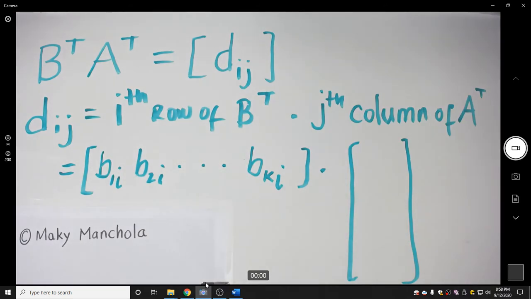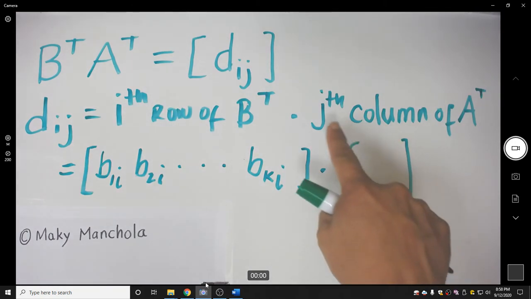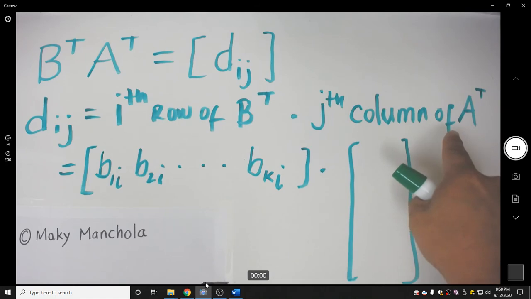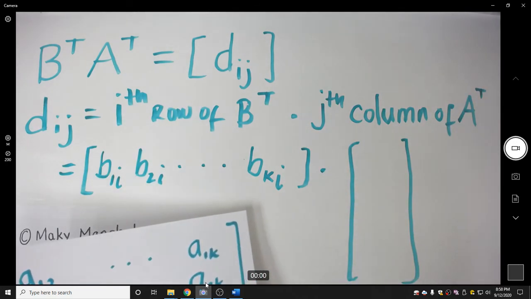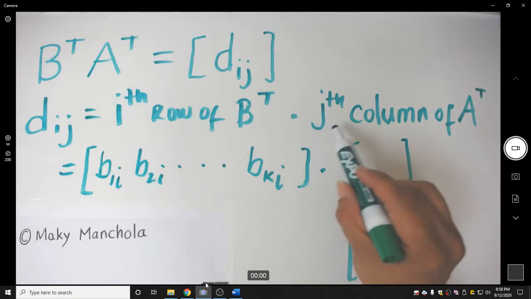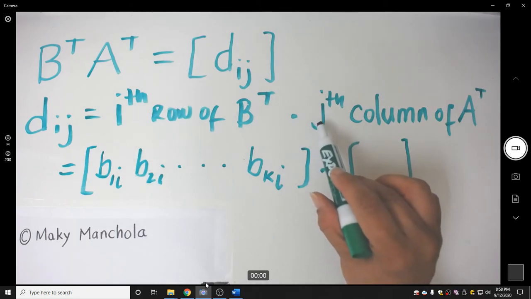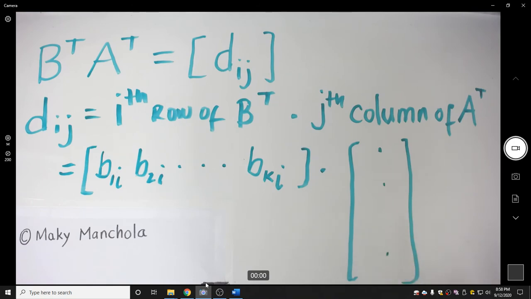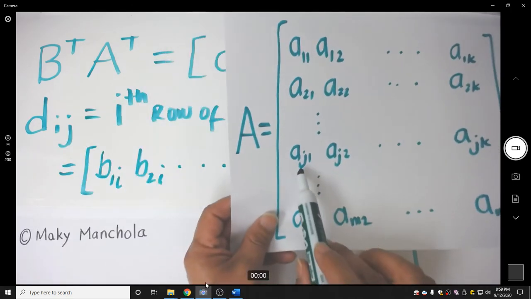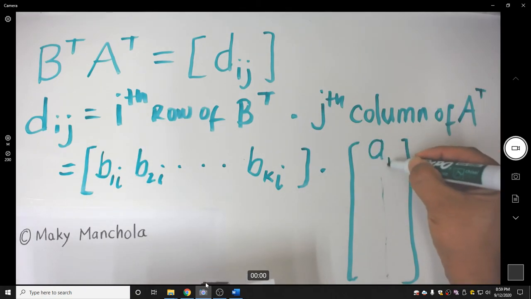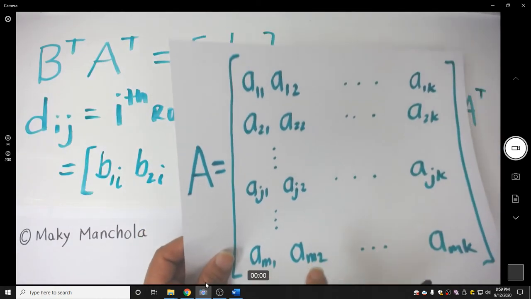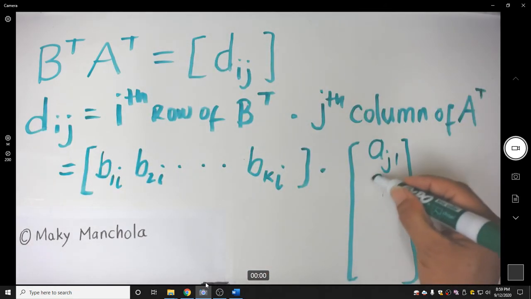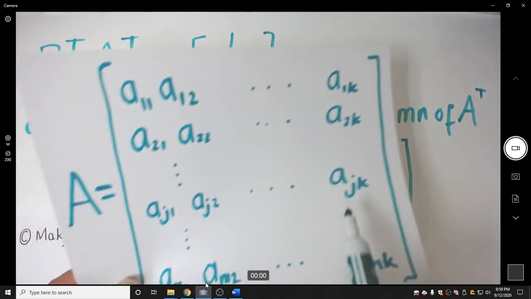The jth column of A transpose has to be the jth row of A. The entries of the jth column of A transpose, which is a column matrix, will have to be the same as the entries of the jth row of A. But we already know those are Aj1, Aj2, all the way down to Ajk.